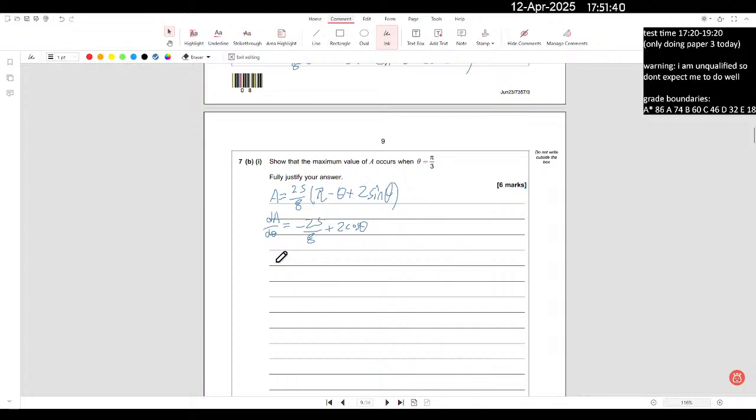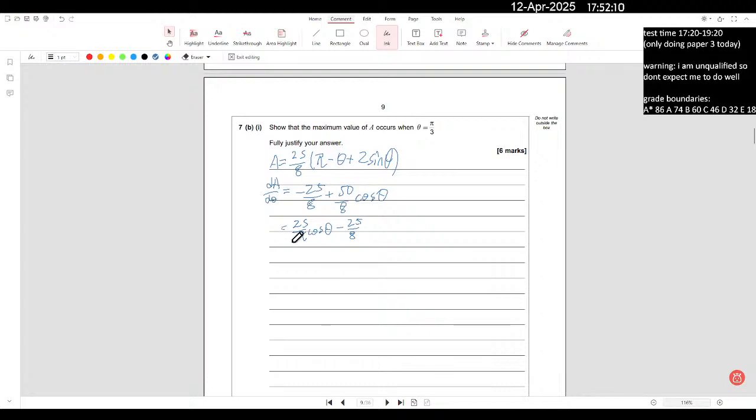Oh, just realized a problem. This is 50 over 8. Now let that equal 0.